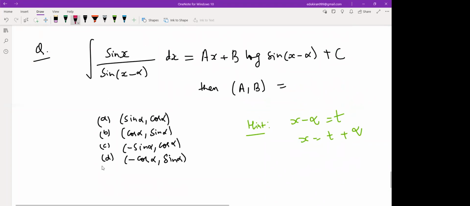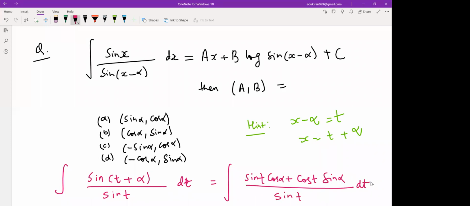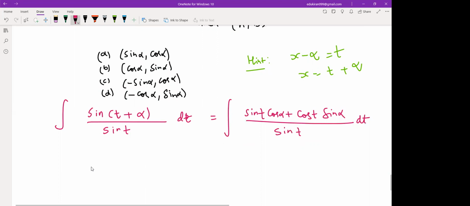Because here when you will do this, it will become sine t plus alpha upon sine t, and dx will be same as dt. So this will be sine t cos alpha plus cos t sine alpha upon sine t dt. After doing this, you can write it as sine t and sine t will cancel.